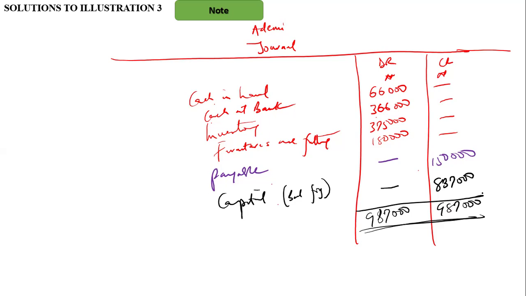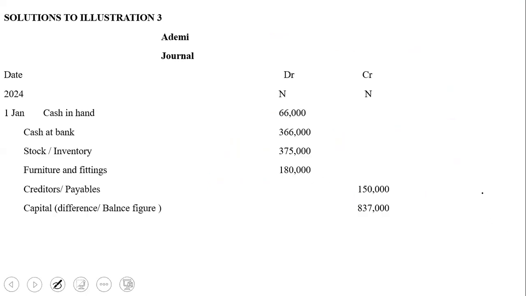This is what you get to see, the opening entry for capital. You get to see this is an advanced level of what has been done in the previous class, the prerequisite class before coming to financial accounts, which you see in your basic bookkeeping and record. You can see the answer here, which I have done.